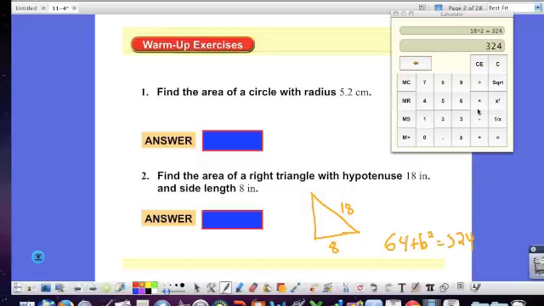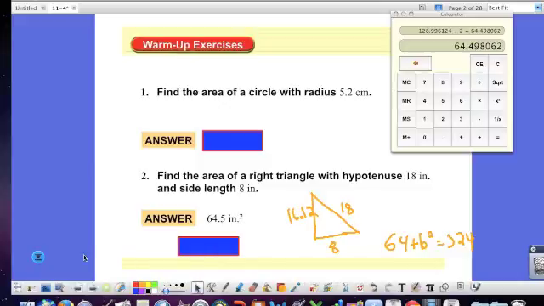So when I take 324 and subtract 64 from both sides, the square root of 260 is 16.12. And 16.12 times 8 divided by 2 rounds to 64.5.